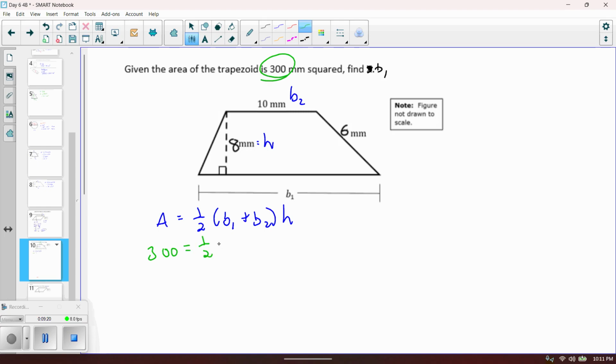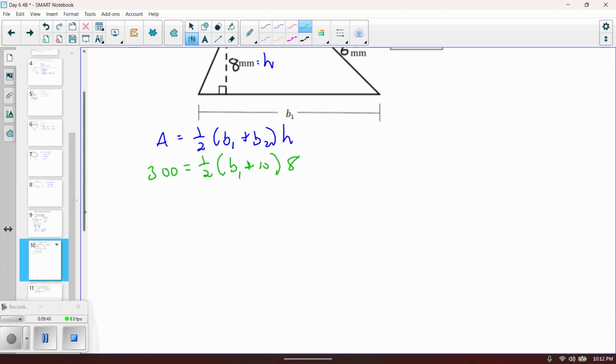Okay, 1/2 is still 1/2. Base 1, that's the one we don't know, so we just write B1. Base 2, looks like it is 10. And the height is 8. So now we have to solve for base 1. Well, remember that I said you can multiply in any order.